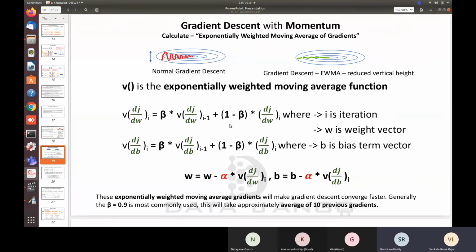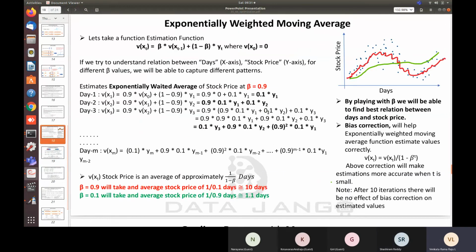Okay. So the beta value is directly proportional to the jump. We shouldn't be saying directly proportional there. Depending on the cost function's curve, you should choose beta.